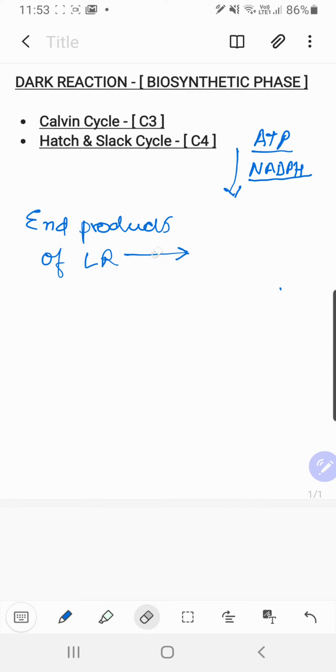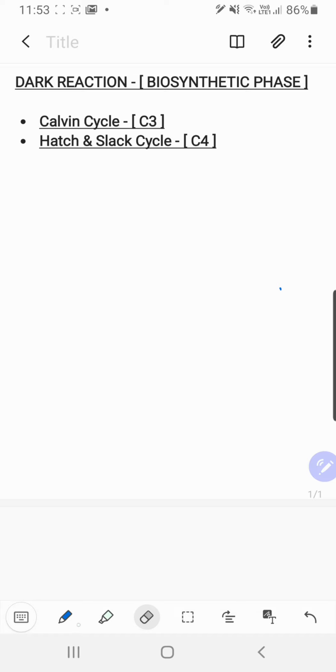Here, before we start straight away with the cycle of dark reaction, you have to keep one thing in your mind, that the dark reaction is also known as Blackman's cycle or Blackman's reaction, the way you wrote Hill's reaction for the light dependent phase. This is Blackman's reaction for the light independent phase. These are the different names by which a dark reaction may be called.